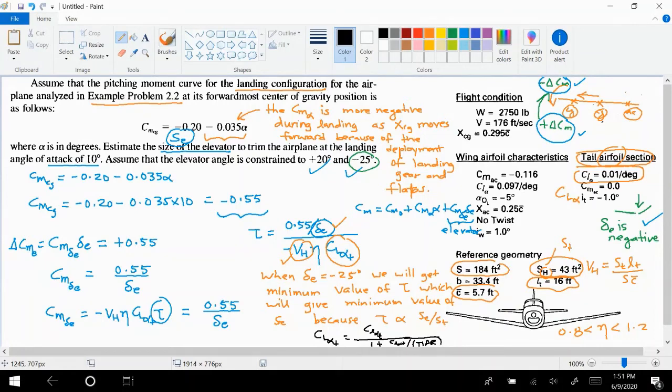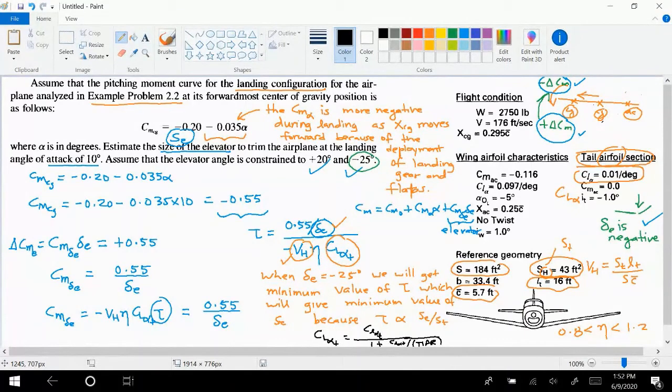The problem is you don't have the aspect ratio of the tail. You have the area, but you don't have the span length of the tail, do you? You don't. Okay, so there seems to be some missing information, which is all right.